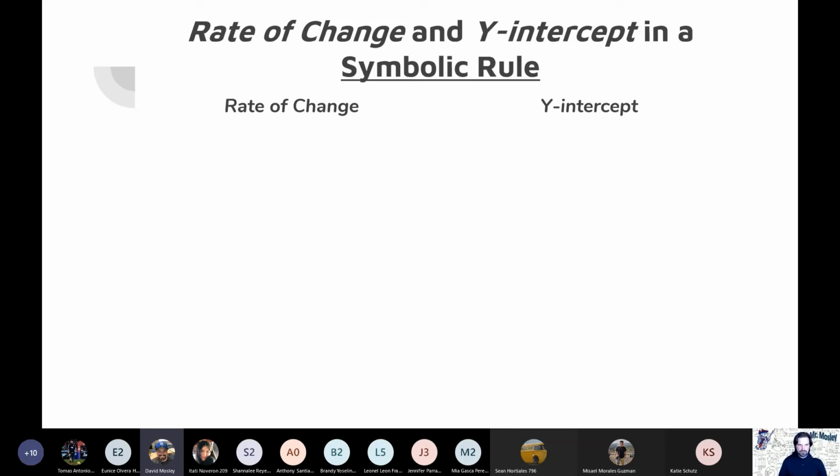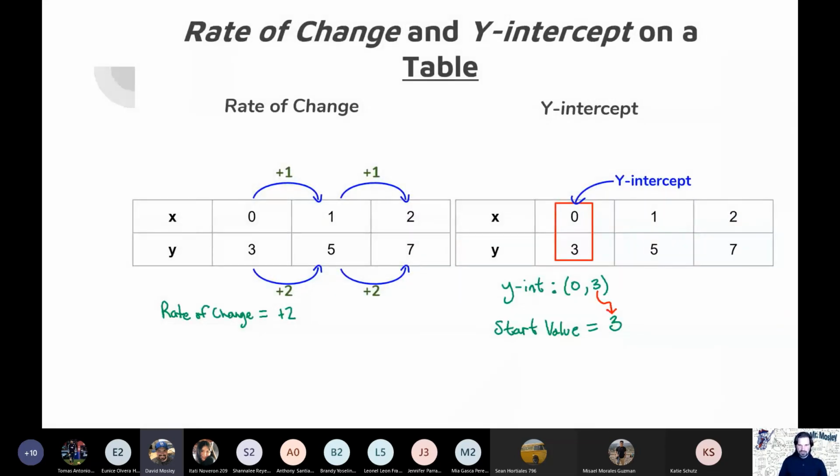Sorry. I want to look at this screen again one more time. So the rule, the symbolic rule for this table, right, y equals 2x plus 3. We have the rate of change is 2. Start value is 3.